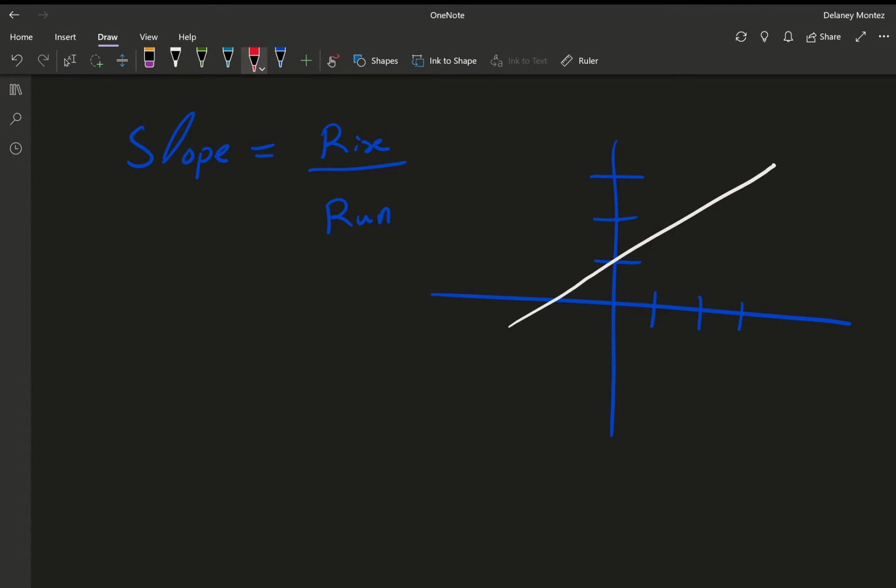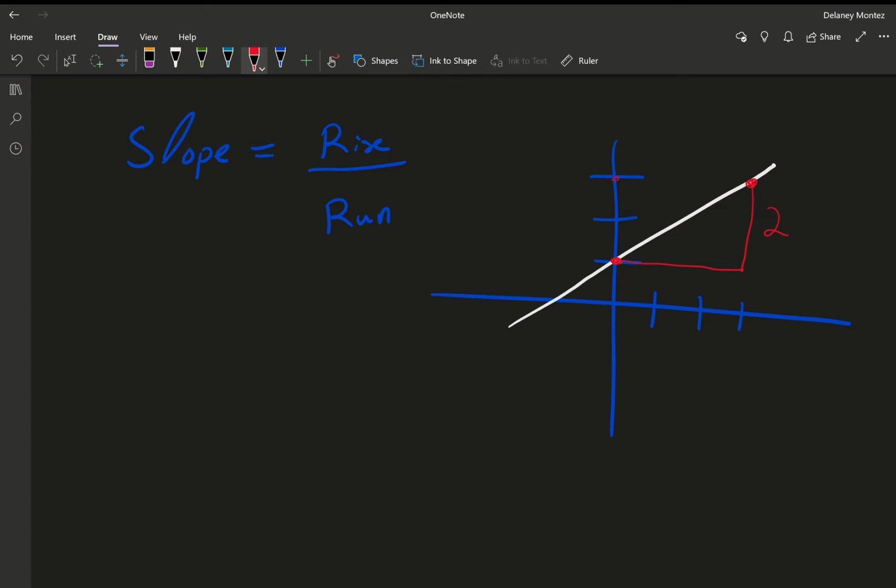We could pick any arbitrary points, but usually what you want to do is pick points where the line intercepts the grid. So let's look at this point and this point here. We'll look at the rise first. The rise from here to here is 2.